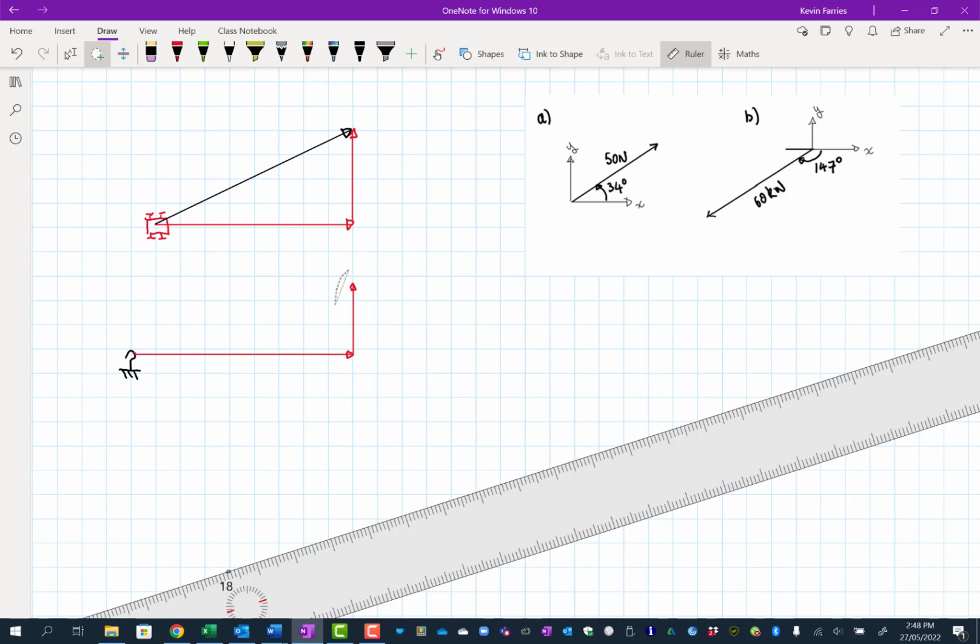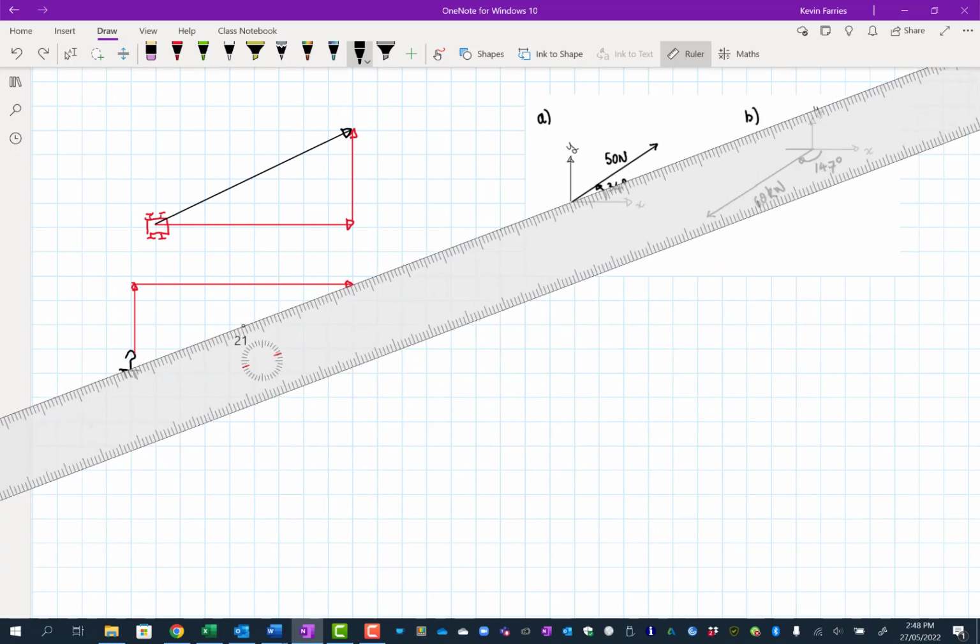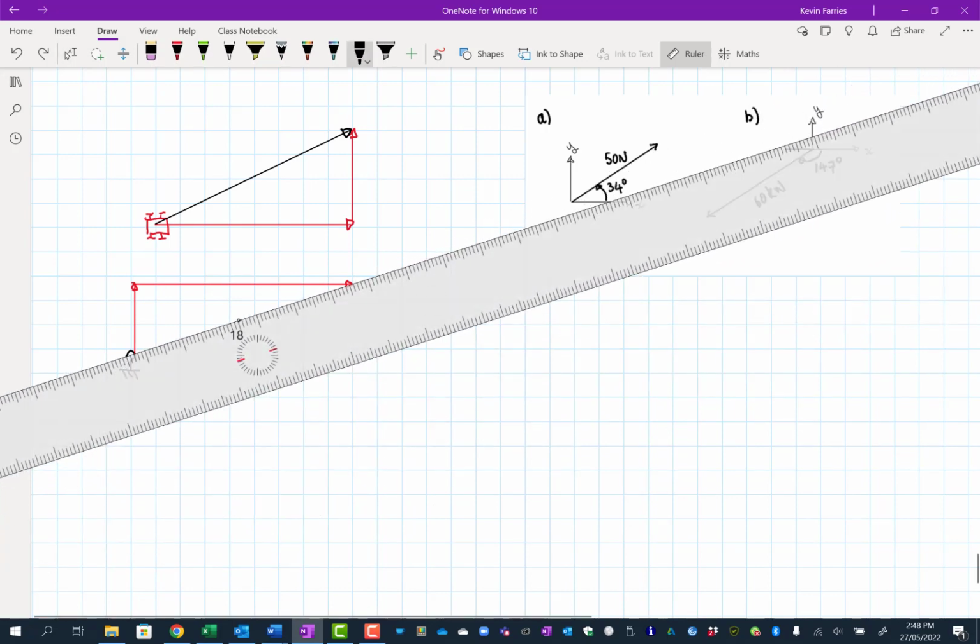You didn't need to move the y vector. You could have moved the x vector and placed it nose to tail. So you could have taken this vector, placed it nose to tail with the first vector, then drawn your resultant, and you would have got exactly the same answer.